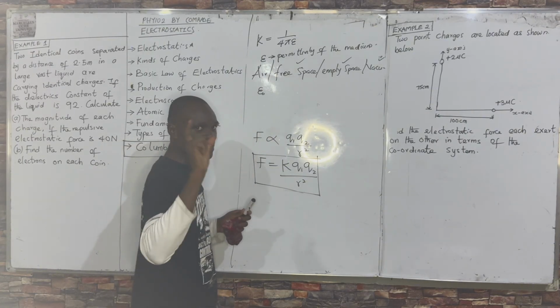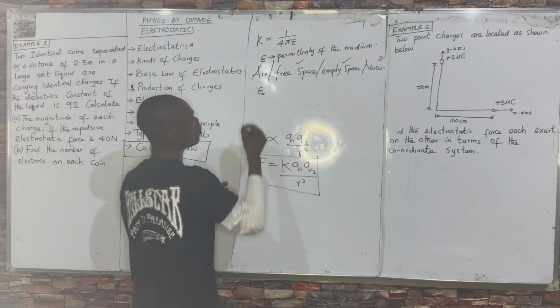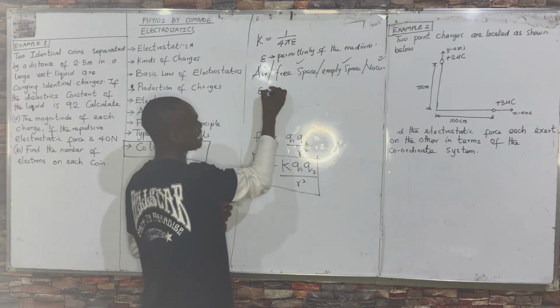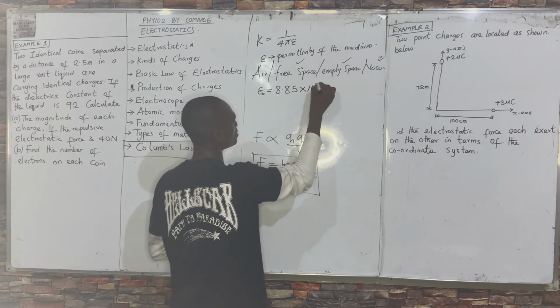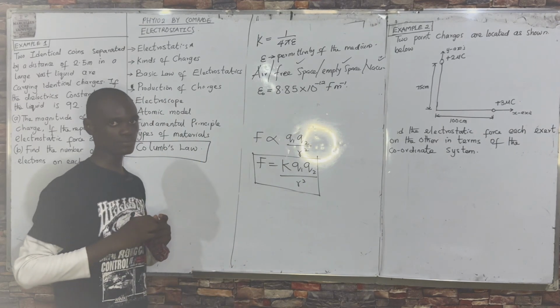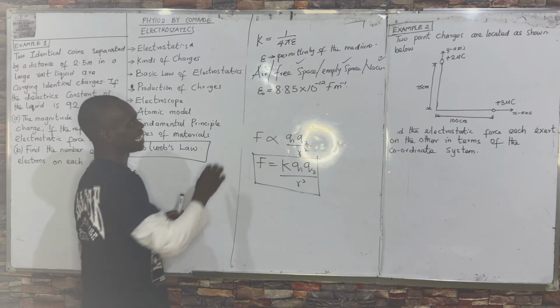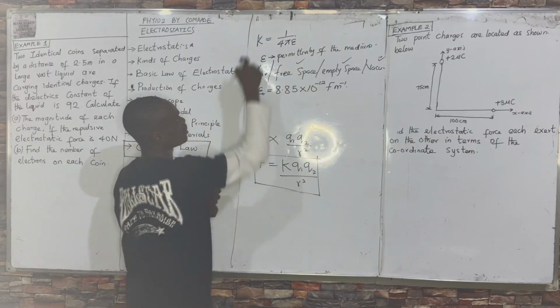If the medium of interaction is free space, empty space, or vacuum, we call it E naught. And E naught is a constant value, which is 8.85 times 10 raised to the power minus 12 farad per meter.